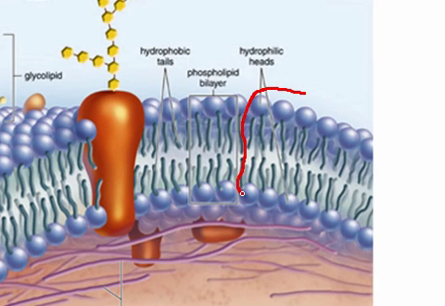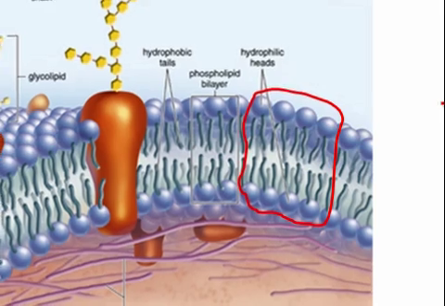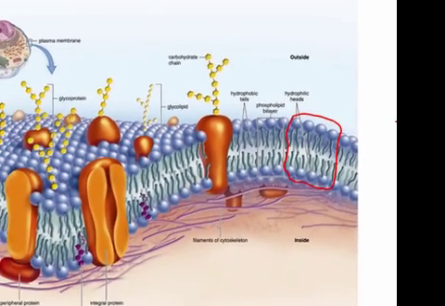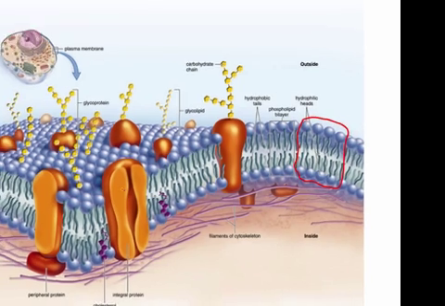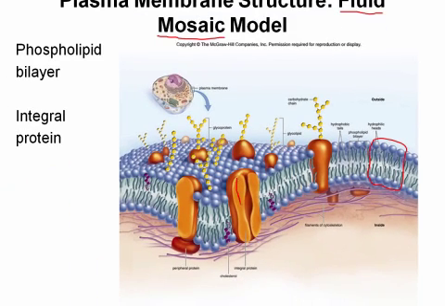We're going to look at a diagram in just a moment and look at the structure of an individual phospholipid in more detail. But in this diagram, the phospholipids are the little blue spheres with the tails. And then there are a number of proteins that are associated with the plasma membrane. Some of these are integral proteins. Integral proteins span all the way across the phospholipid bilayer.